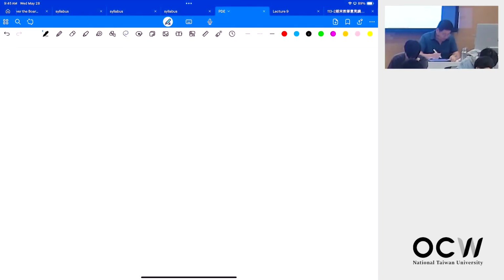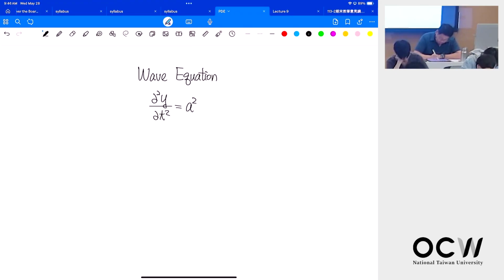So here we have a wave equation. Partial square y over partial t squared equals a squared partial square y over partial x squared. First, let's see.